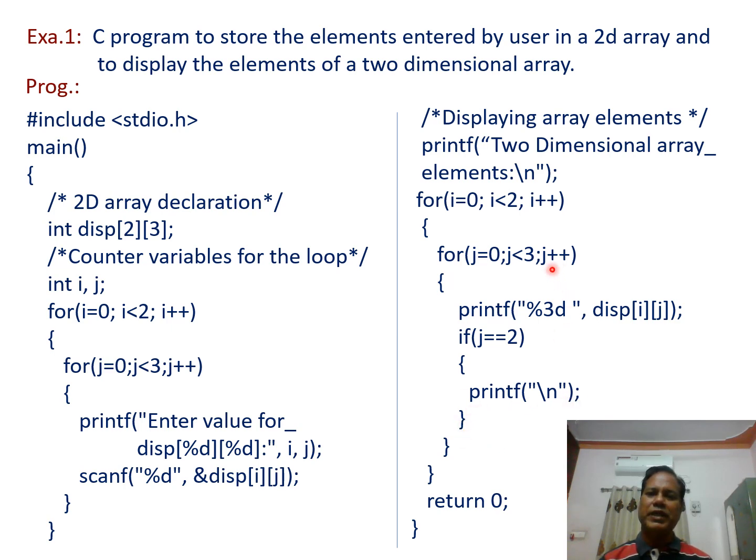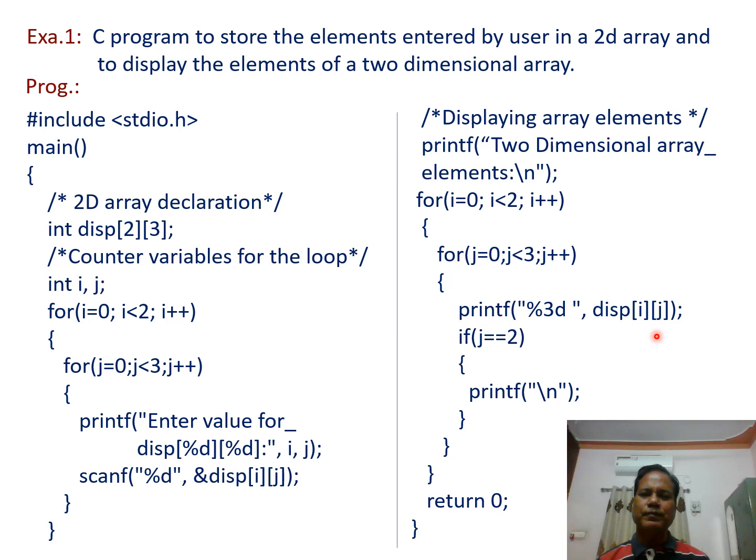Then the value of j is incremented. So this time the value becomes 1, 1 less than 3, the condition is true. Then the body of the inner for loop is again executed, and again using the printf statement we print the second element of the two-dimensional array as printf %3d disp 0 1.